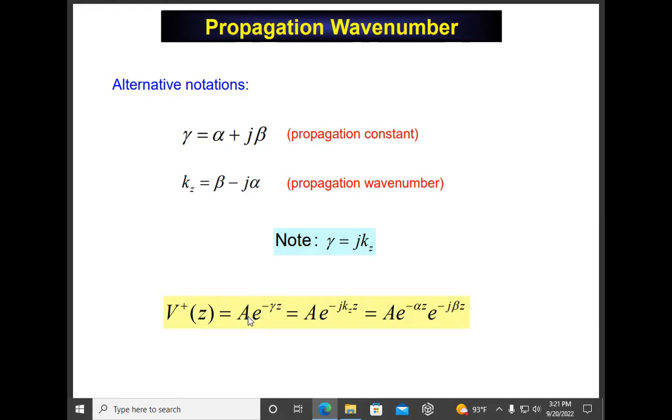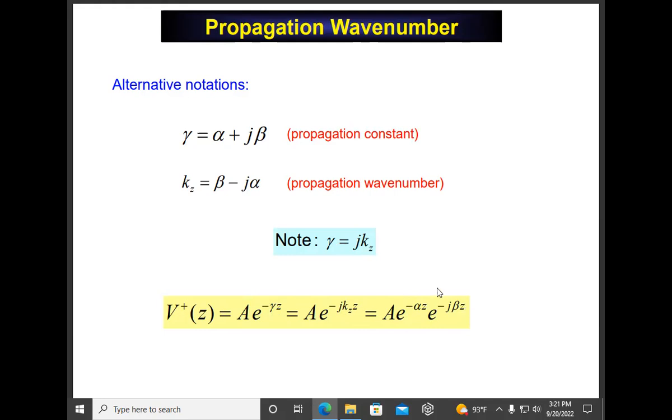So notice the alternative notations. You can say that a wave going in the positive z direction is some constant times e to the minus gamma z. That's what I just did a minute ago. Or if you substitute in this equation here, e to the minus j Kz z. Whichever notation you use, they're both equivalent to saying this: you've got an attenuation term and a phase shift term, but two different notations.